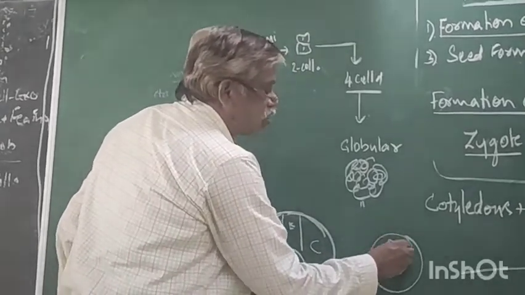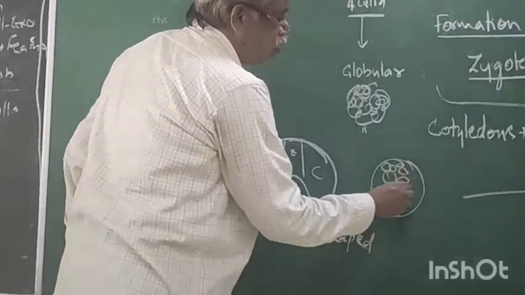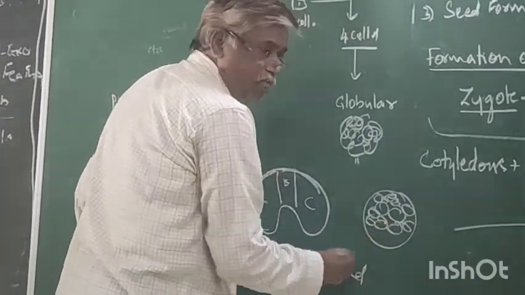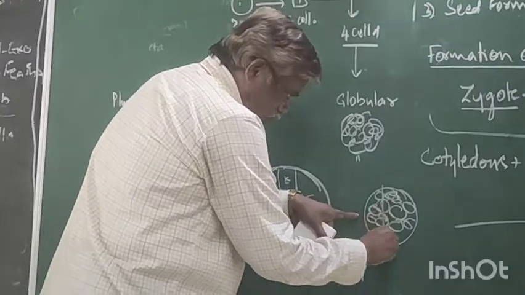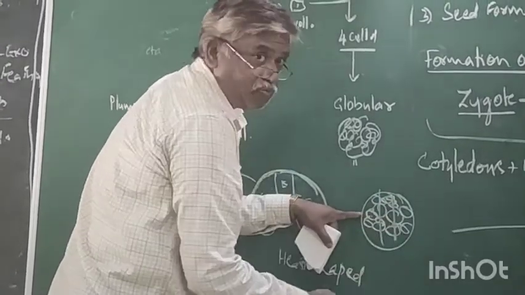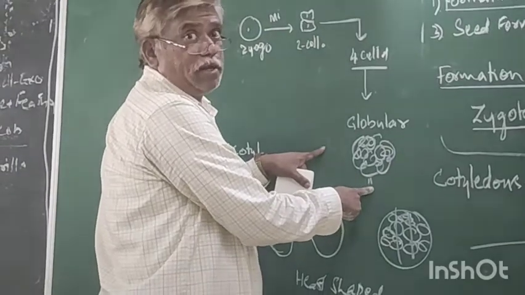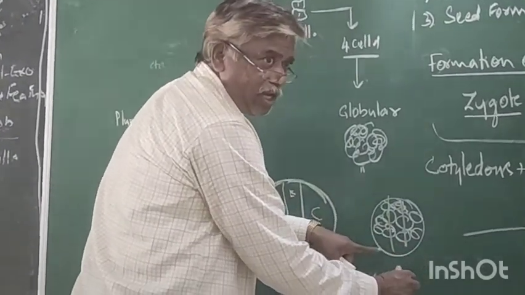Now once again, see, it is a globe of some thousands of cells. This is the central part, and this is the peripheral part. What is the name of this stage? Globular embryo. Alright.